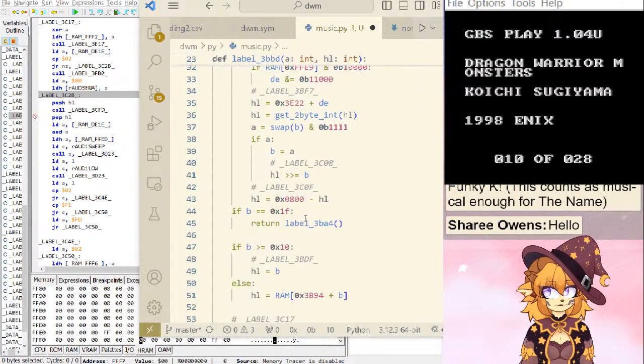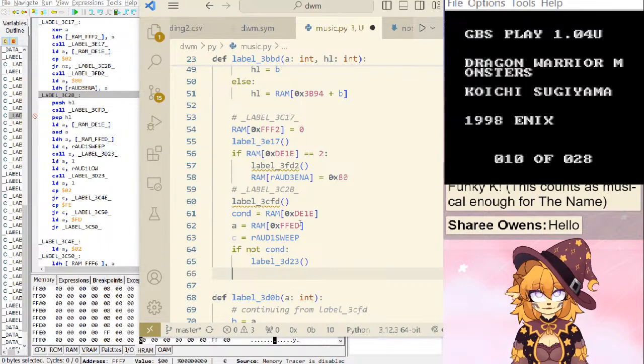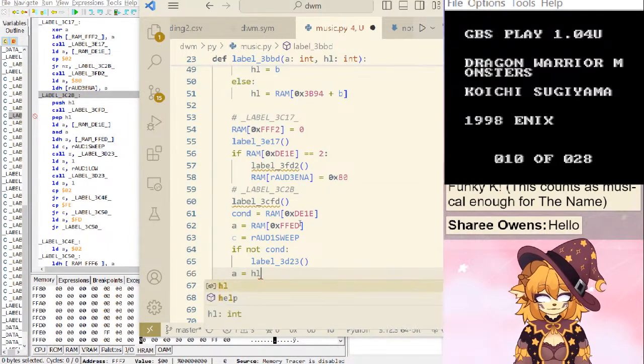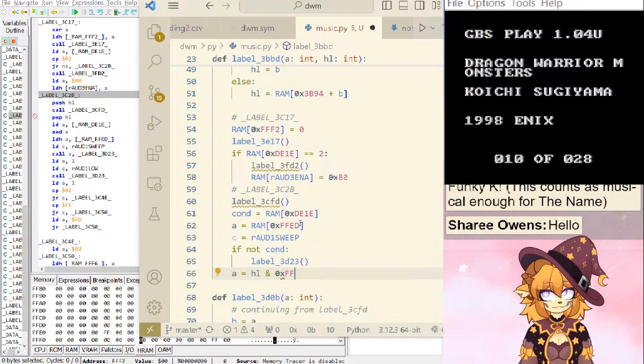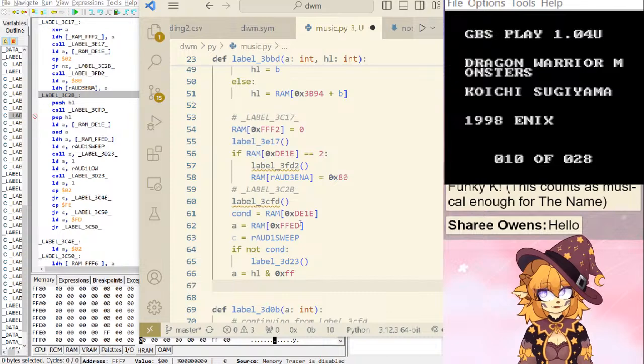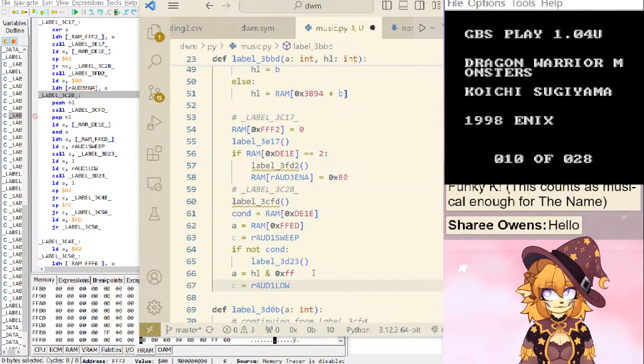Only assigned to HL, I think, so there's no separate L. We'll have to grab it. So A equals HL. Then C equals R odd one low.